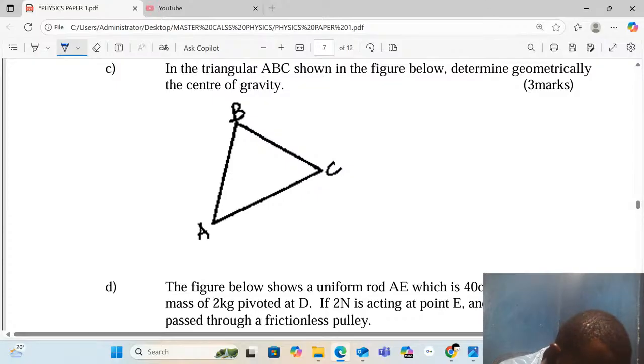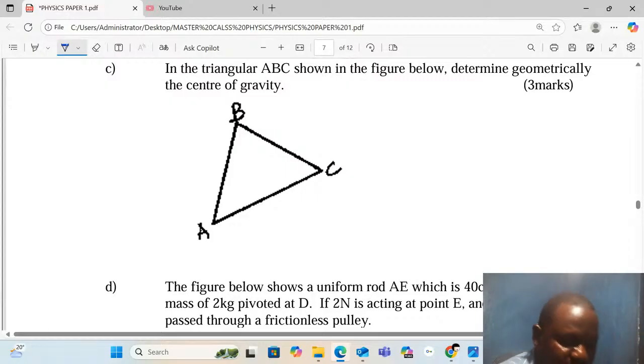Then I'll use demonstration. Suppose now I'm picking side AC from my screen. This one is giving me 5.5, or you can call it 5.6.